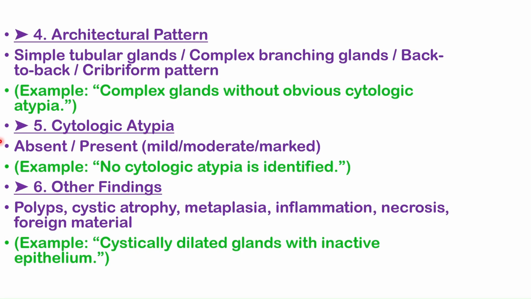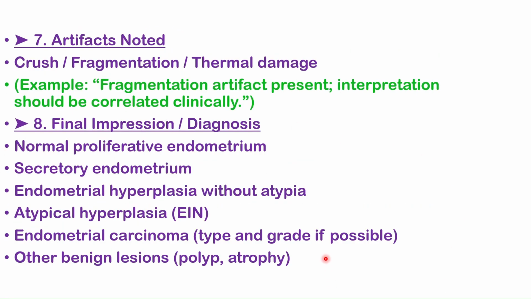For example, cystically dilated glands with inactive epithelium. If you appreciate artifacts, then write down whether it is crush, fragmentation, or thermal damage. For example, fragmentation artifact present, interpretation should be correlated clinically.